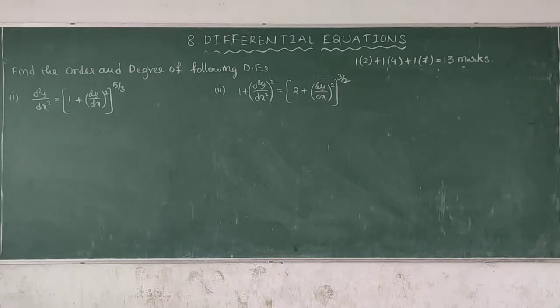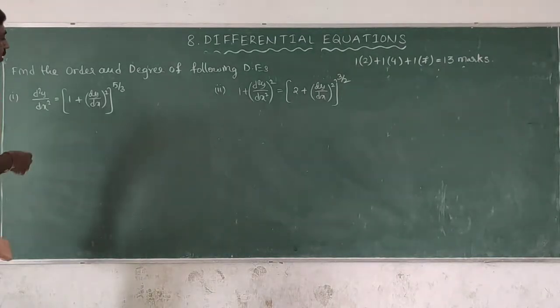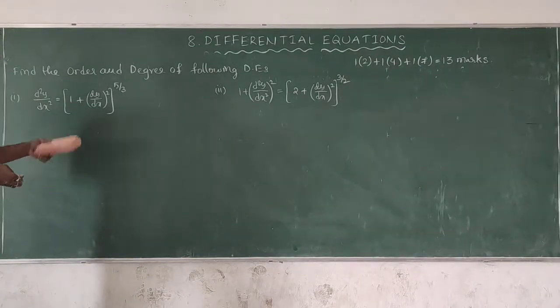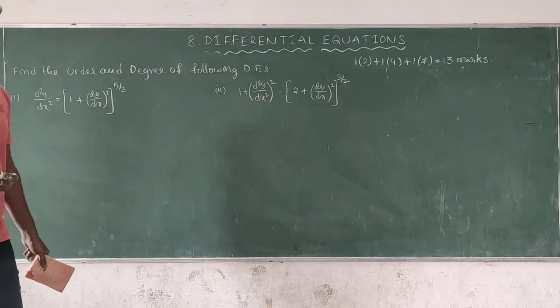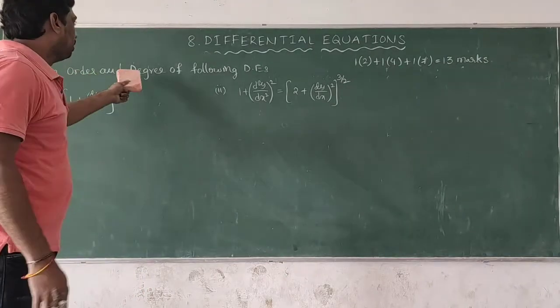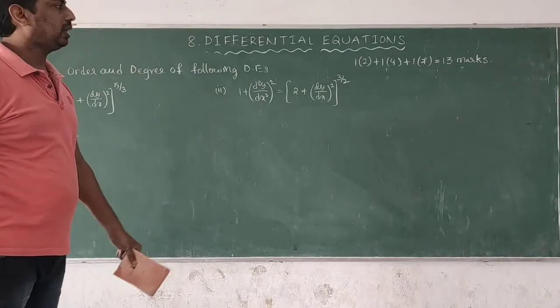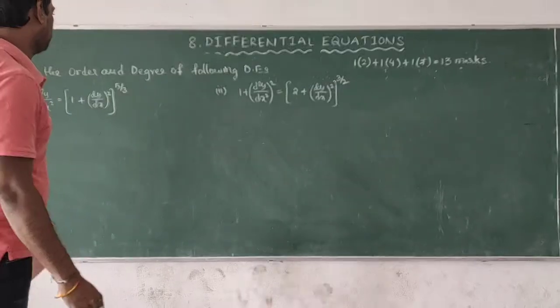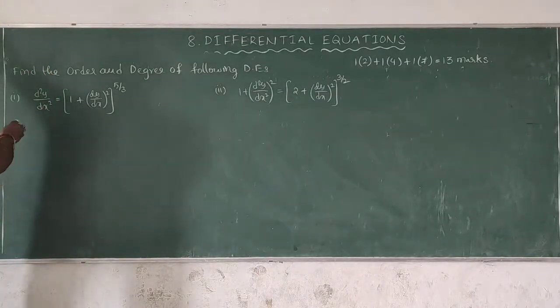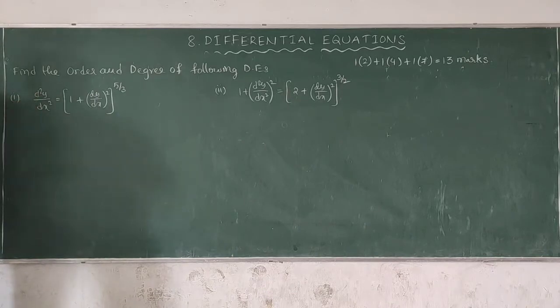Yes, students. Next, problems on differential equations. Find the order and degree of the following differential equations. This is a 2 marks question. The first one: d square y by dx square equal to (1 plus (dy by dx) whole square) whole power 5 by 3.